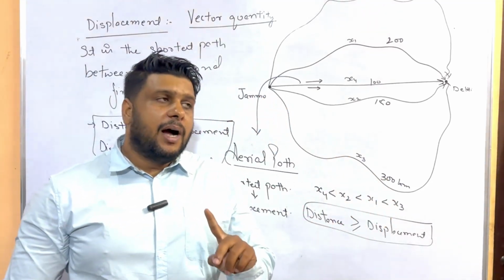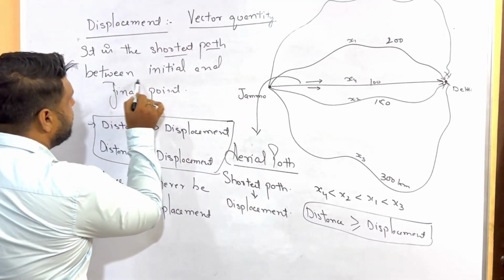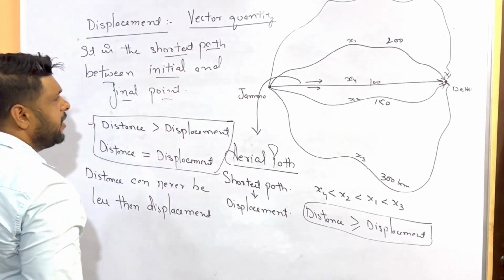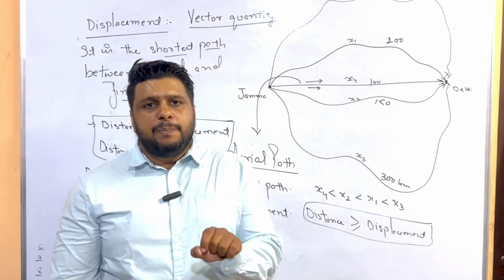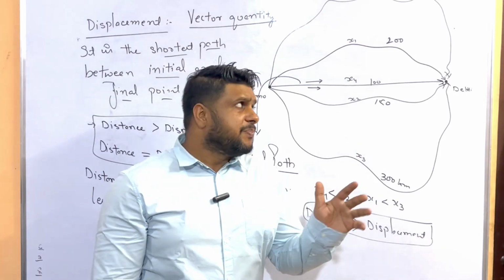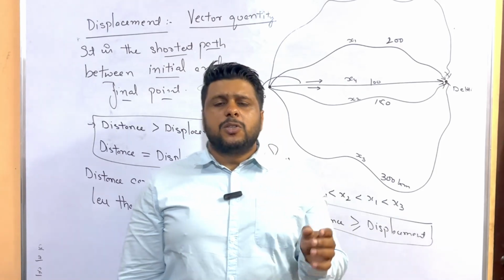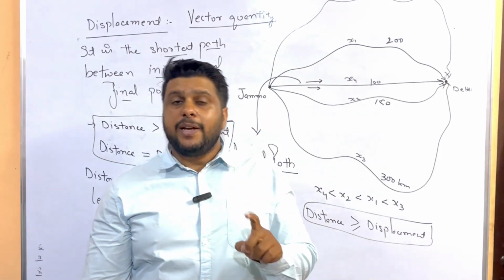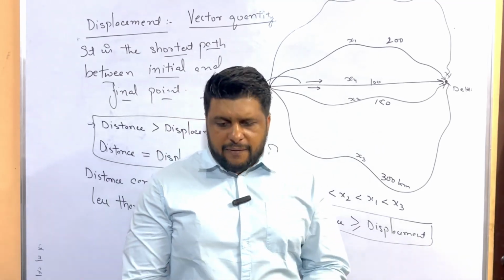I have defined this as the shortest path between the initial and the final point. So other things are the same. It is a vector quantity, and the SI unit stays the same, it is meter only. Another thing, it can be positive, it can be zero, or it can be negative also. That thing I will explain.